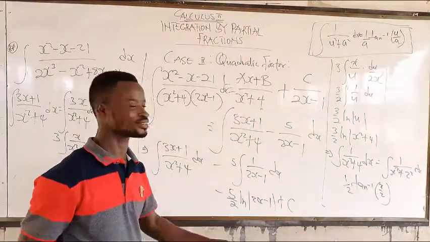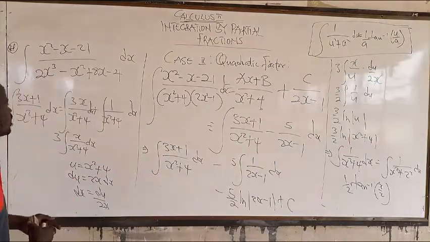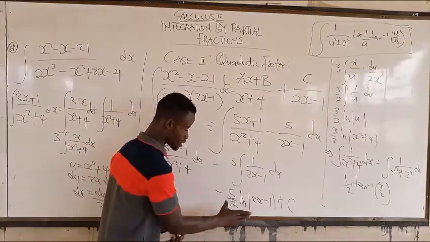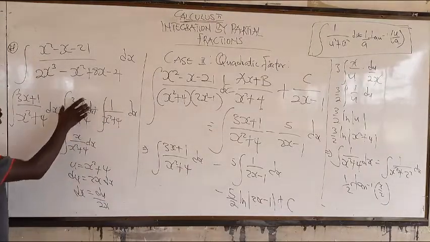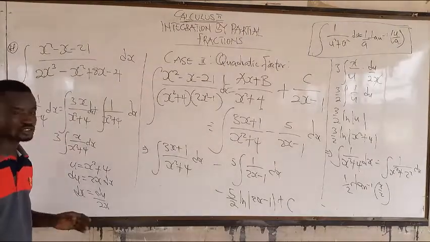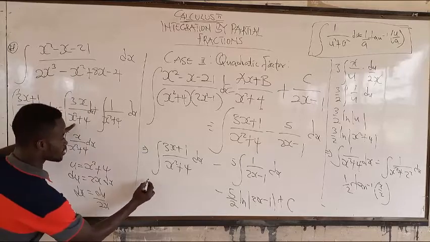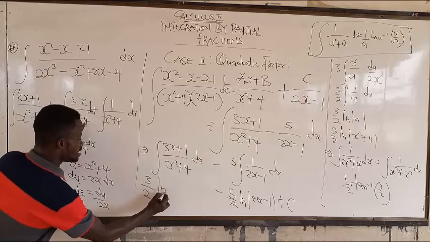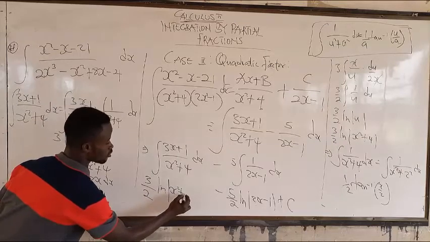I love mathematics, especially when it comes to calculus. So now, this is what we are doing. This result is correct. But with this, we have to come back and split it. When you split, this is going to be 3 over, here is 2 squared, so 2, ln of x squared plus 4.